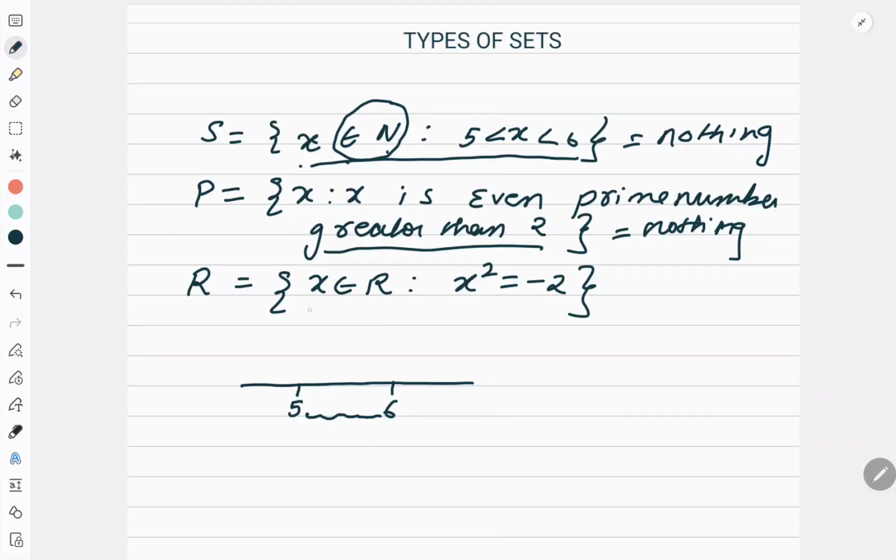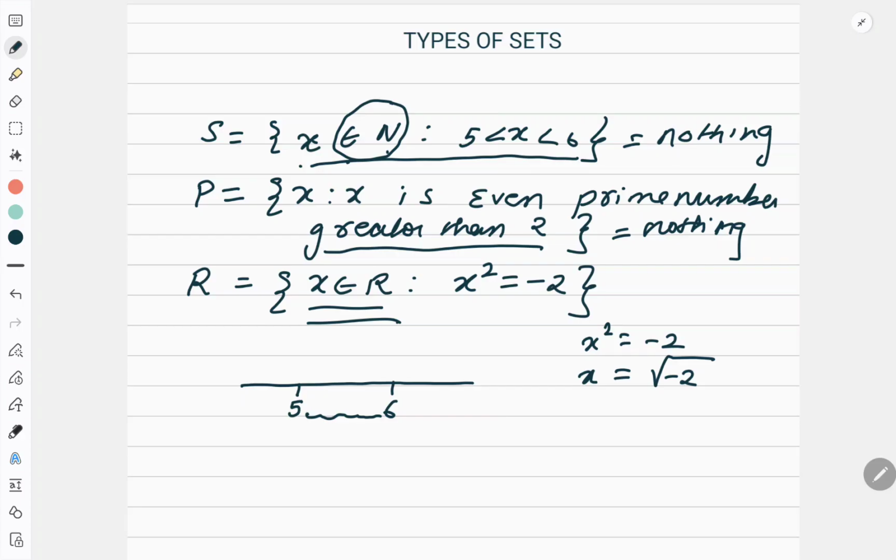Okay. Now next is x belongs to R such that x square is minus 2. If x square is equal to minus 2, what is the value of x? Under root of minus 2. Now what is the square root of a negative number? Till now we have not discussed this.